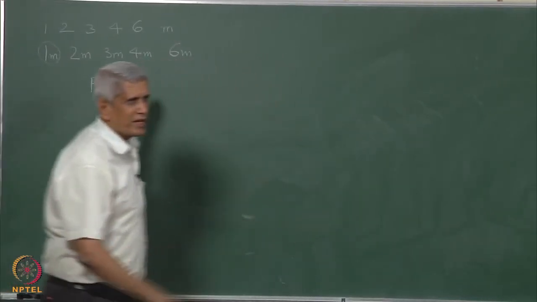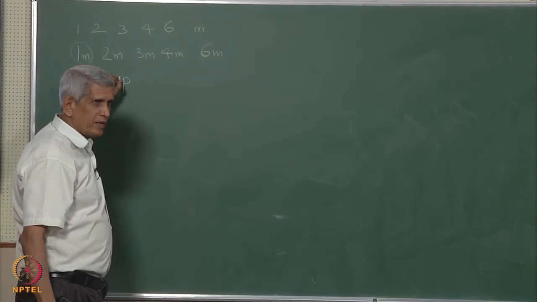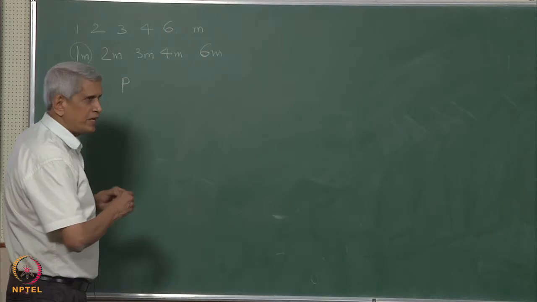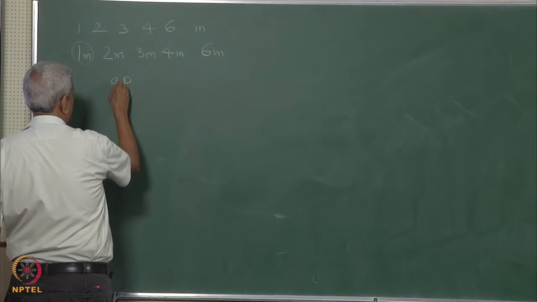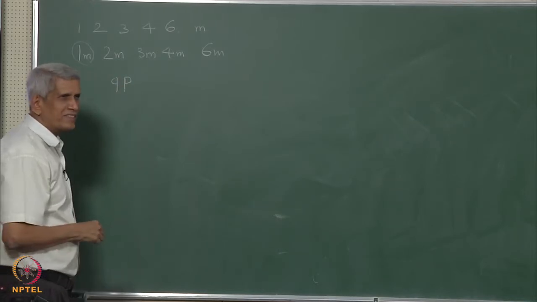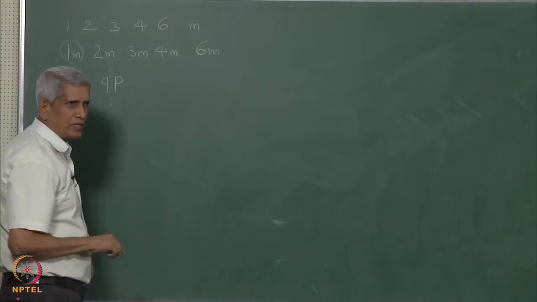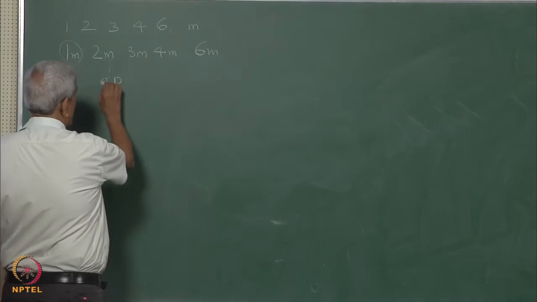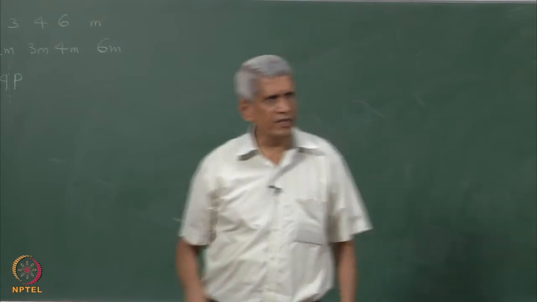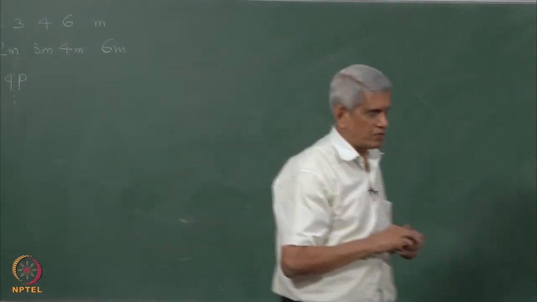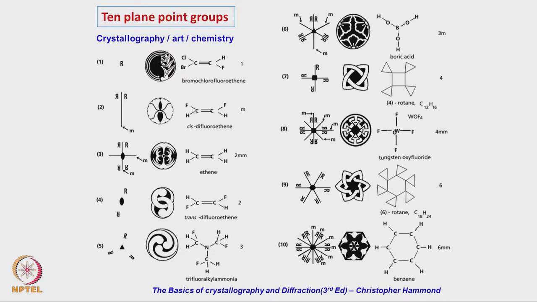Then the only symmetry it can have is a 1-fold rotation, correct. There can be a case where the molecule itself has another one next to it. Then what is the symmetry which this has? So this has only a mirror symmetry associated with it, correct. So knowing the symmetry operation, one can construct the various types of motifs which are possible. That is what we discussed in the last class also.